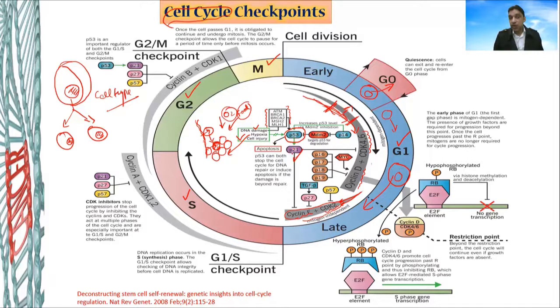P53 activates P21. Please stay with me. And P21 blocks cyclin E. Look at that. It will block and stop cyclin E. Now, once cyclin E is removed from the system, the cell will not be able to make a commitment to go for cell division. So that is how P53 pushes the cell not to go for cell division.